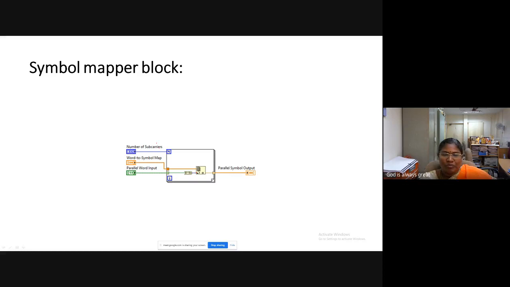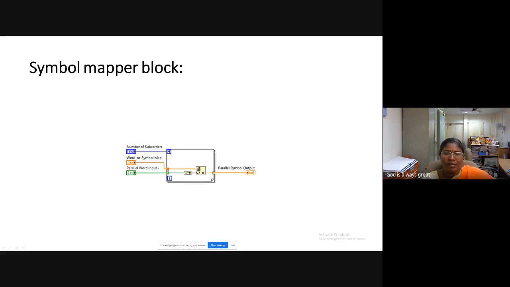So you're going to take up a for loop for this. This for loop is going to run for i equal to 1 to n, where n is the number of subcarriers. Depending upon the number of subcarriers, this for loop is going to run. What you are going to do here is pick up a word and map it to the symbol.